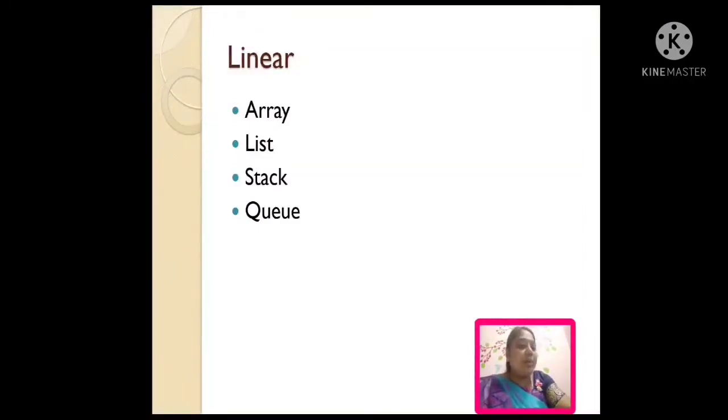So it occupies continuous memory in secondary or primary devices. Wherever it stores, it continuously occupies the memory. And list. List is also a linear data structure. It does not occupy the memory continuously, but it occupies the memory with the help of nodes. A node has two areas.